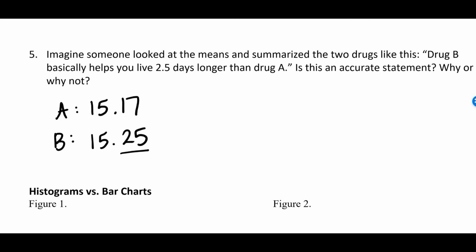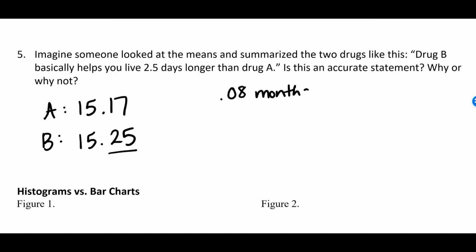If you convert 0.08 months into days, it works out to about 2.5 days. So on average, the people who took drug B had 2.5 more days than the people who took drug A. Does it make sense to say that drug B basically helps you live 2.5 days longer than drug A? Is that a pretty accurate statement?